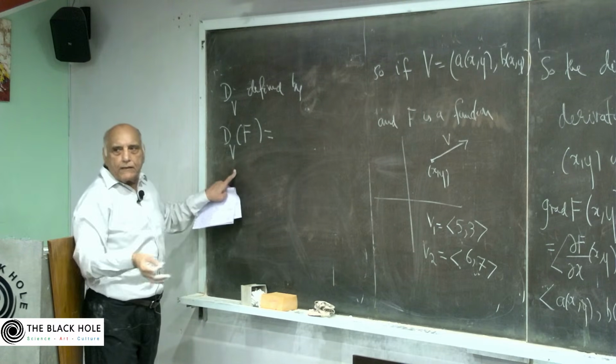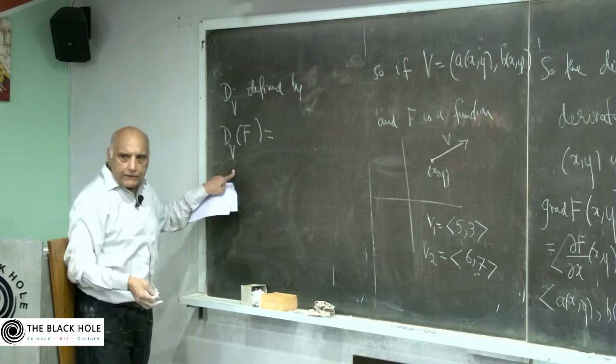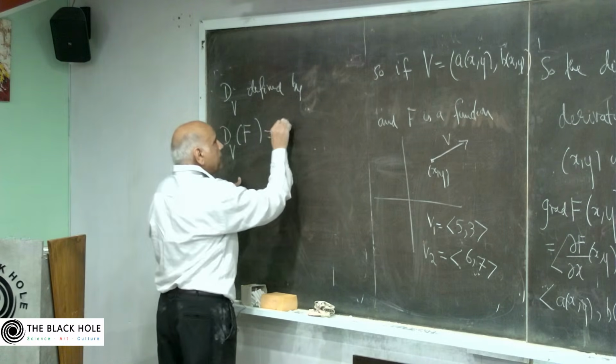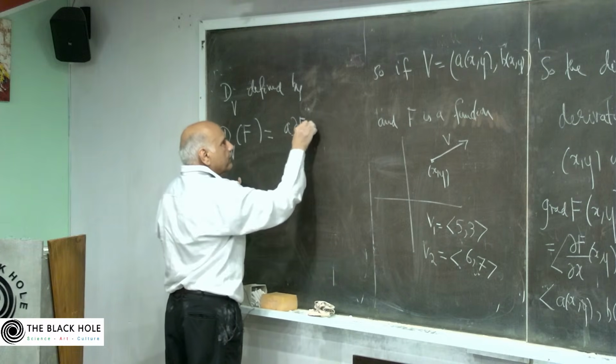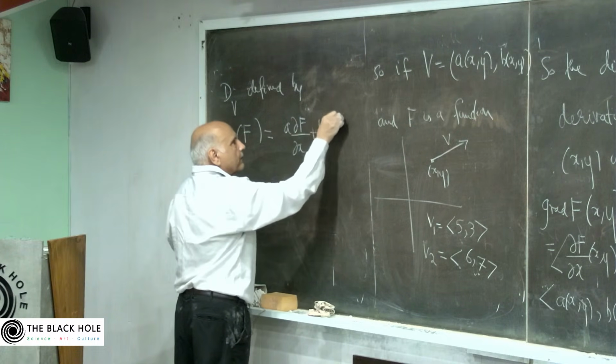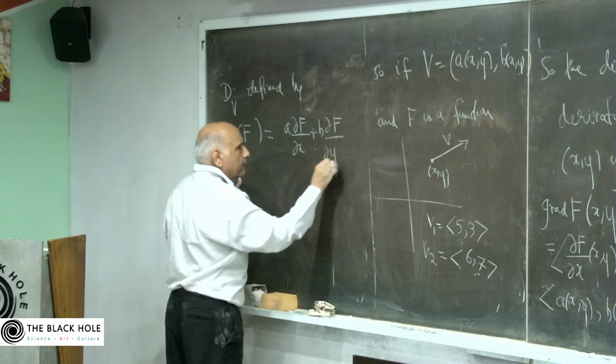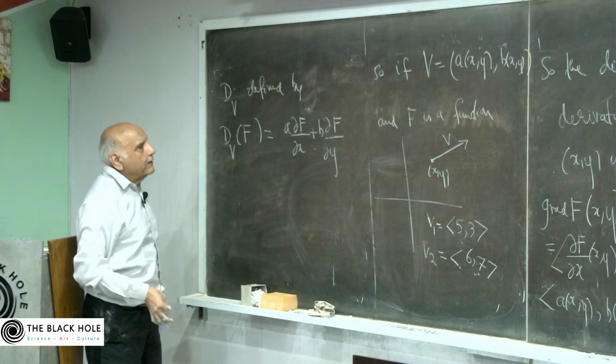I'm not going to repeat again, it's the directional derivative of f in the direction v, and this turns out to be a times partial f by partial x plus b times partial f by partial y. Okay.